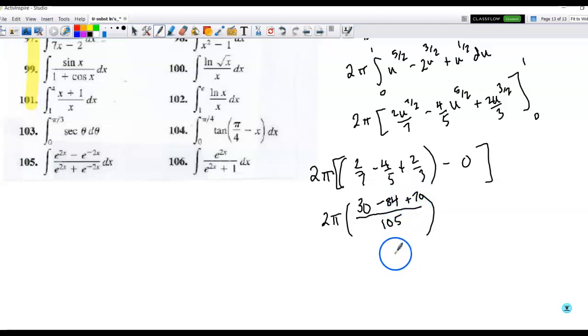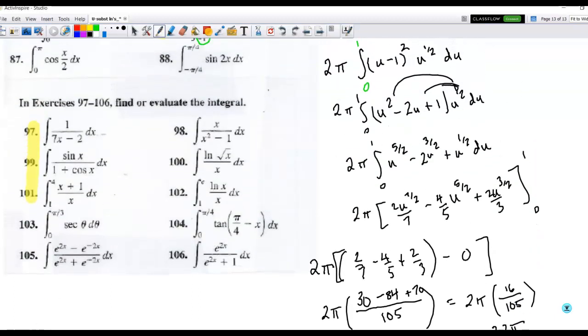And then combine the numerator, 30 minus 84 plus 70 gives me a total of 16. So 2 pi times 16 over 105. And you can make that into 32 pi over 105.